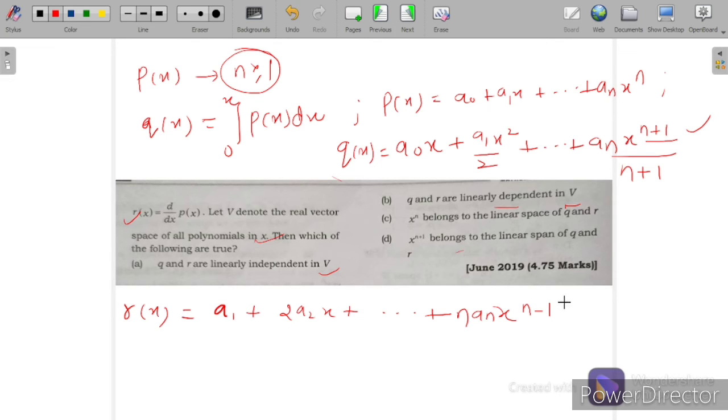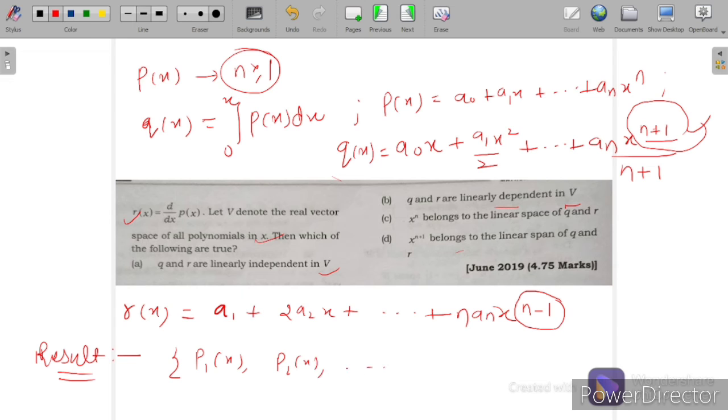See here, the degree of the polynomial r of x is n minus 1 and the degree of the polynomial q of x is n plus 1. Now use the important result that if the set p1x, p2x, up to pnx, this set of polynomials will be a linearly independent set if the degrees of all those polynomials are different.